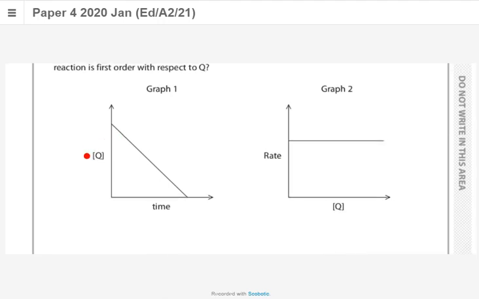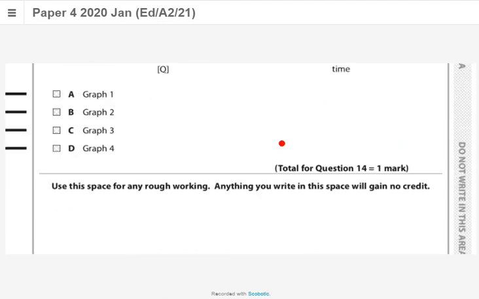Because the gradient of a concentration-time graph gives the rate. So the rate is constant as the concentration of Q decreases. So this is an example of a zeroth order reaction.